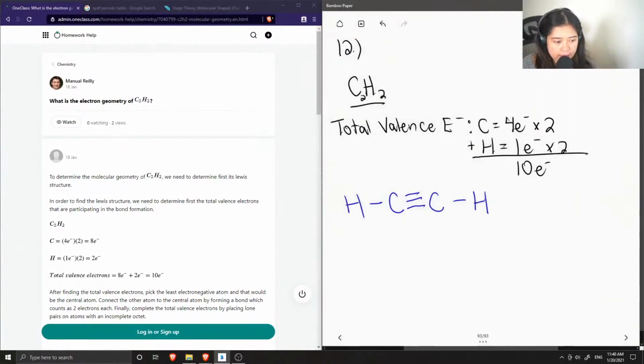So now let's analyze this Lewis structure and look at one of the central carbon atoms. And you can see that both of the carbon atoms have 0 lone pairs, and each carbon atom has 2 bonded atoms.